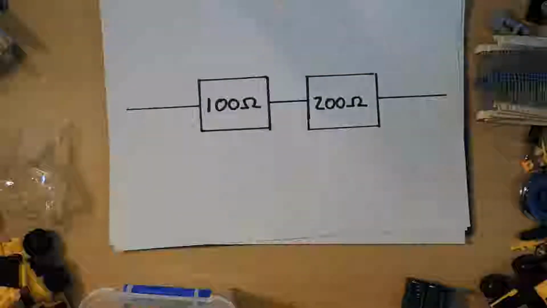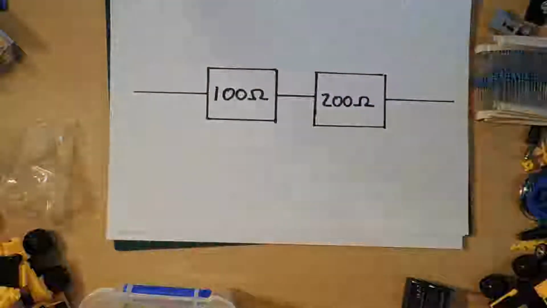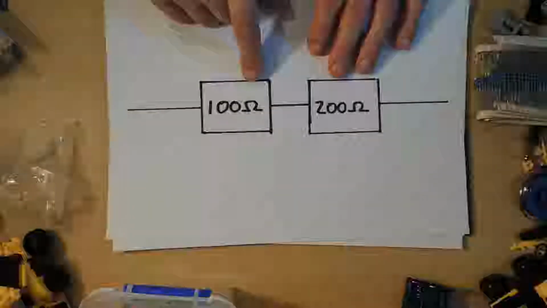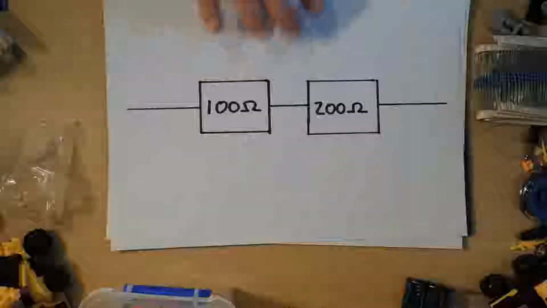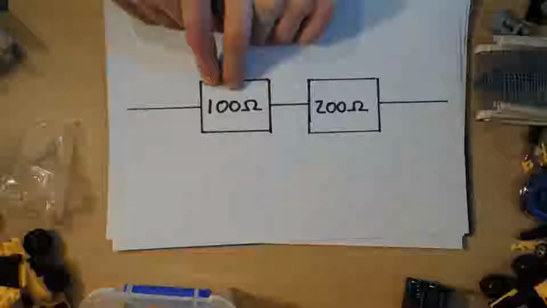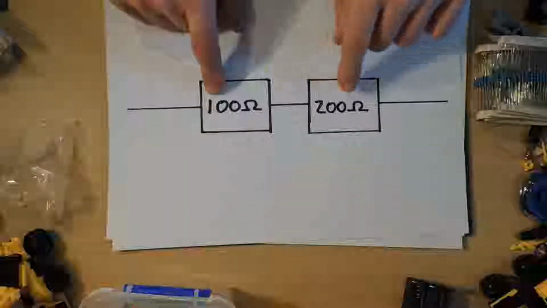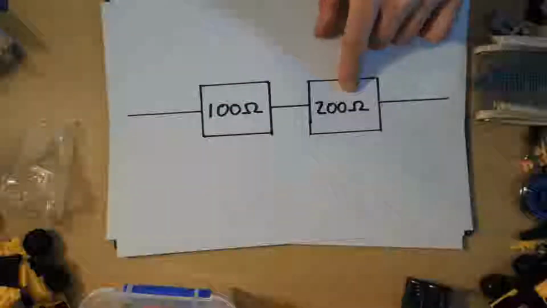But the components can be laid out another way. We'll just come back to this one here. So this is 100 ohms. Go look up the videos I did about resistance to know more about what that means. That's 100 ohms and that's 200 ohms, and I talked about this in those videos.